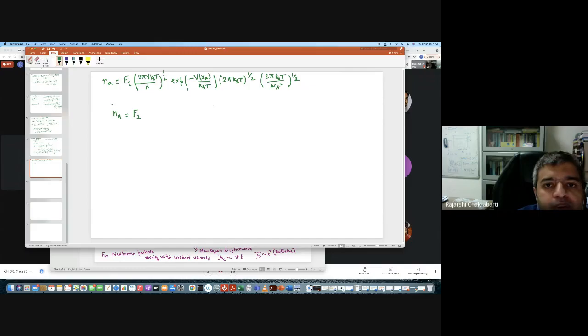F2, this, twice pi kBT divided by whatever is there, whole to the power 3 by 2, but this gamma will come out. You have gamma by lambda whole to the power of half, exponential of minus V x_a by kBT.